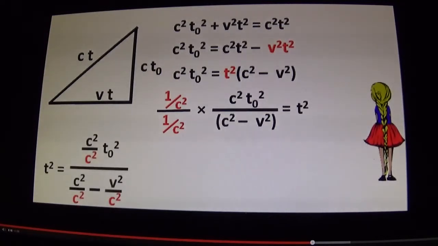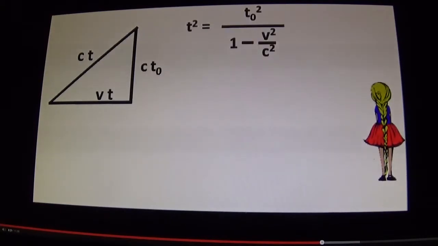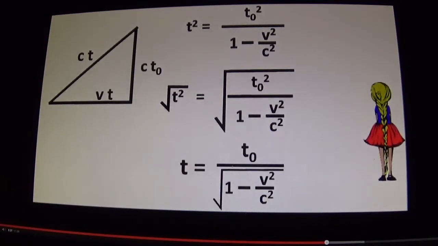And there's a bit of a change there, and I see c squared over c squared appearing, and wherever I do see c squared over c squared, I replace that with a 1. Now the expression looks like this. I'll square root both sides. I'll obtain the positive square root of the right-hand side. And what I have is the time dilation equation. I've derived it. And let's see whether I can apply it.